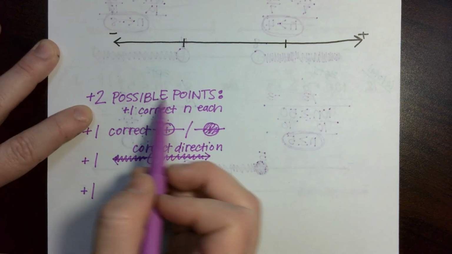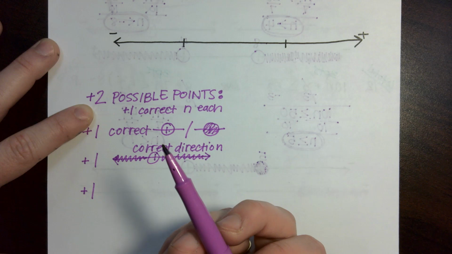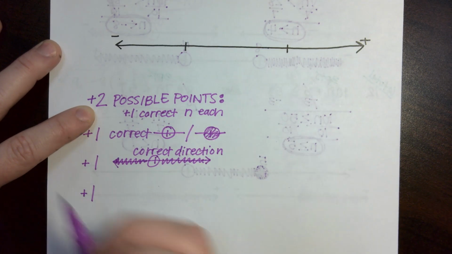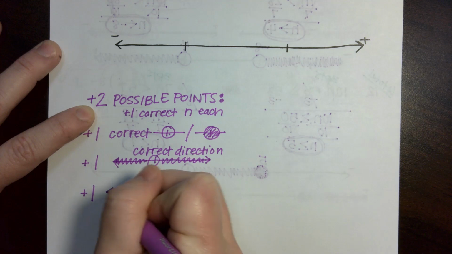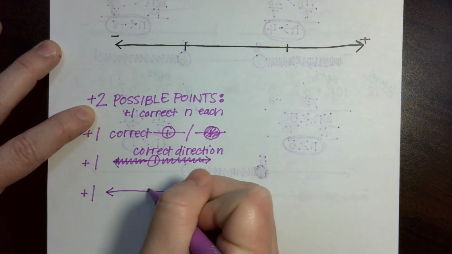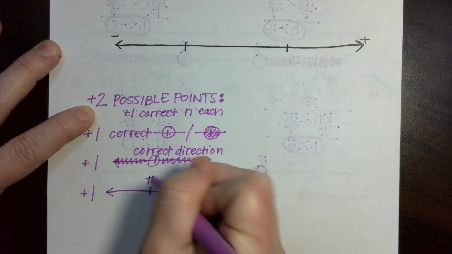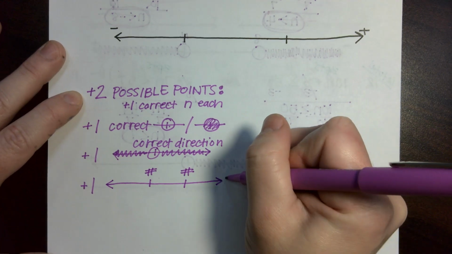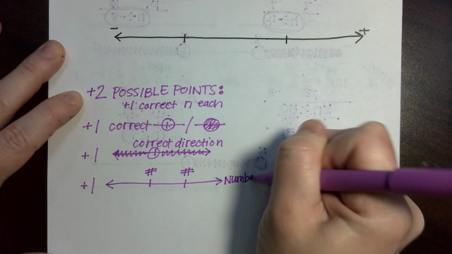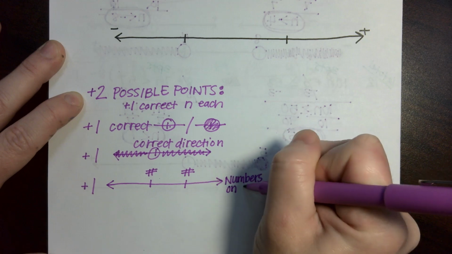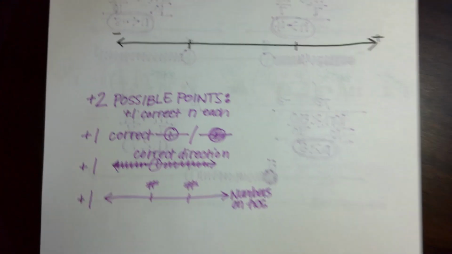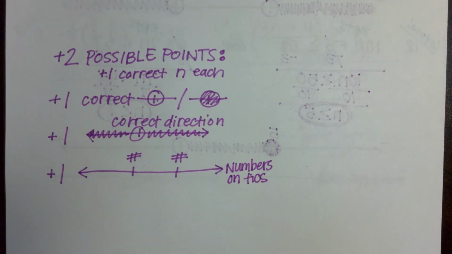And even if you get your N wrong, you get a bonus point for putting a number on the tick marks. So just having your graph labeled correctly, that's bonus. So numbers on ticks, that's a bonus point, half a point for each.